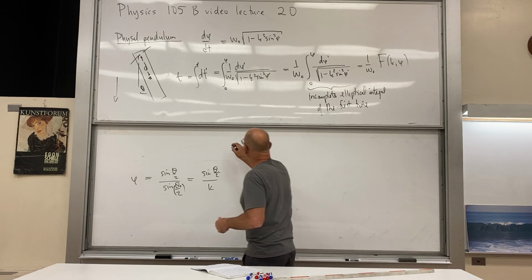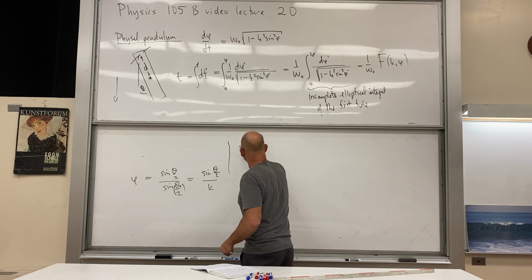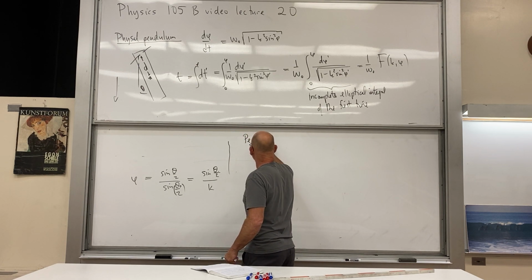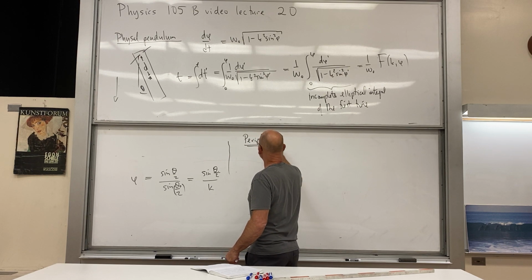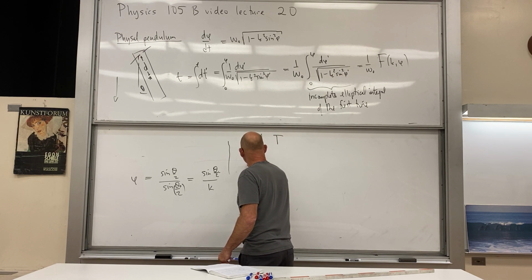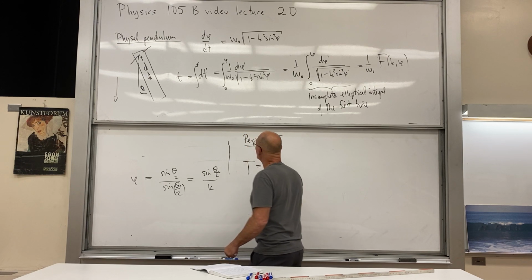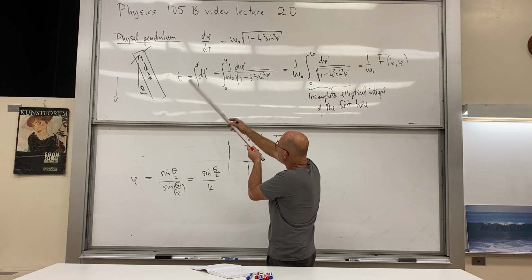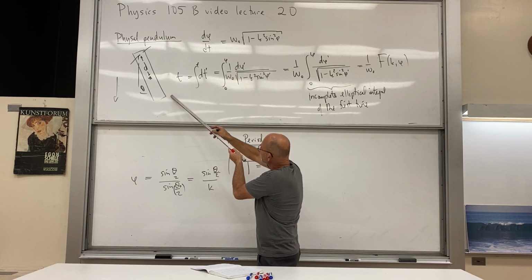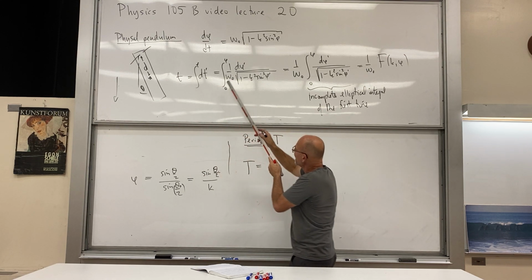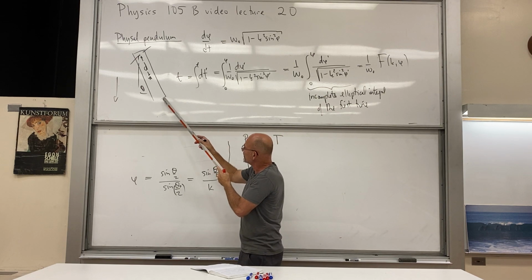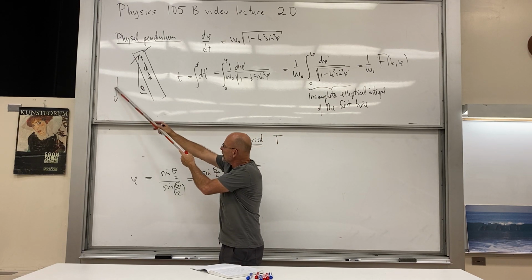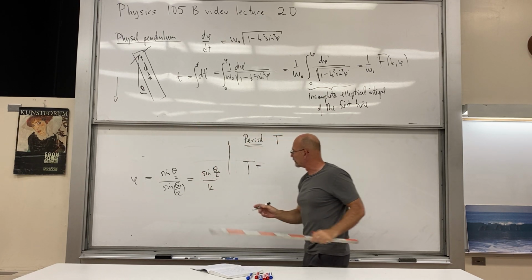Because if we integrate from 0 to pi over 2, that's the full amplitude of this thing, full theta naught. And for the period, it has to go one way over to the left, all the way back. So it's 4 of those.